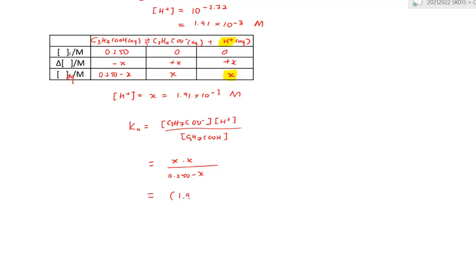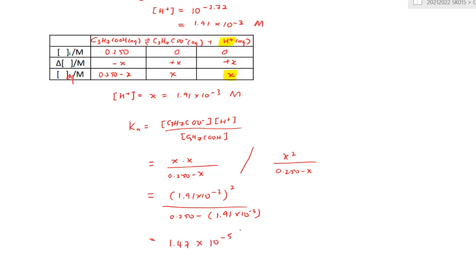So 1.91 times 10 to the power of negative 3, squared, or if you want to write x squared straight away, you also can. Over 0.250 minus the value of x, and you will get the answer equal to 1.47 times 10 to the power of negative 5.